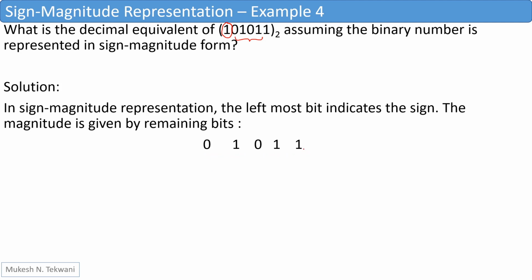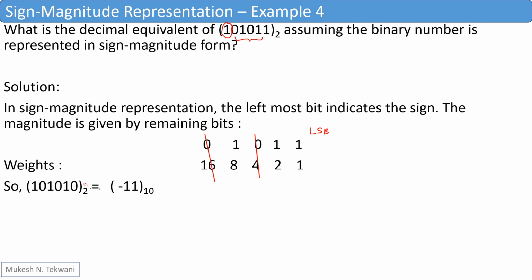This can be converted into the decimal, and let us first write down what the weights are. Starting from the least significant bit, the weights are 1, 2, 4, 8, 16. Wherever we have the 0 bits, we are going to strike off the weights, and therefore we are left with 8, 2 and 1, and therefore the magnitude of this is 11, and this 1 indicates that this number is negative, so it is minus 11.